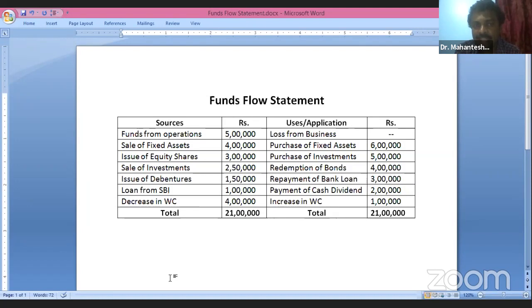Additional capital is raised in the form of equity shares, debt capital, and loan. Equity shares, debentures, and loan. Loan and debentures are debt. Debt is about 2.5 lakhs, equity is about 3 lakhs. Roughly in a 60-40 ratio we have raised the additional capital.